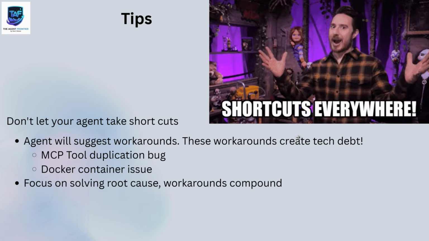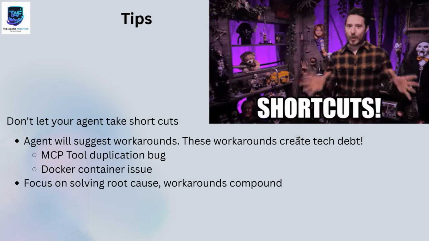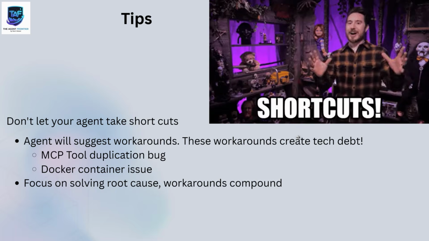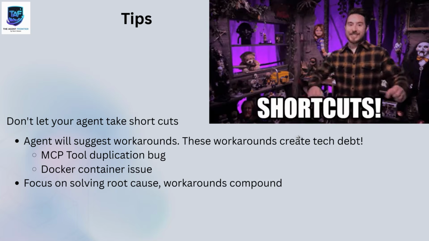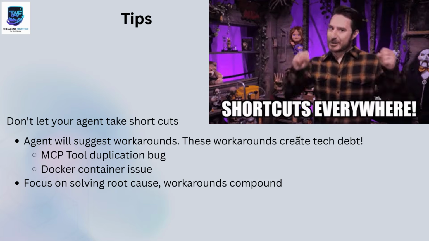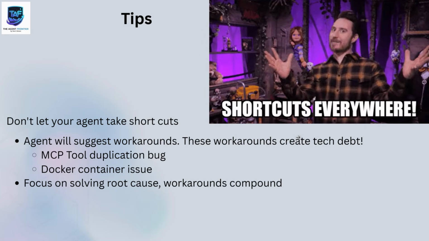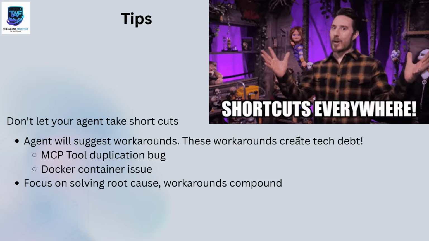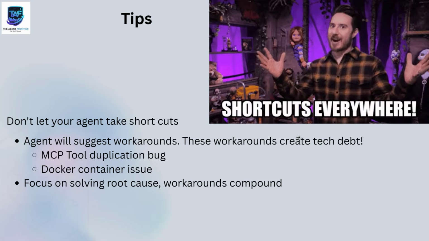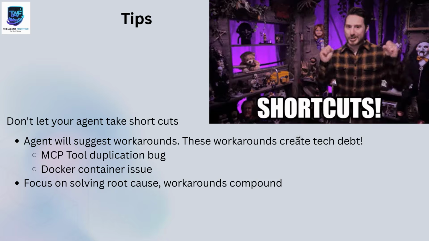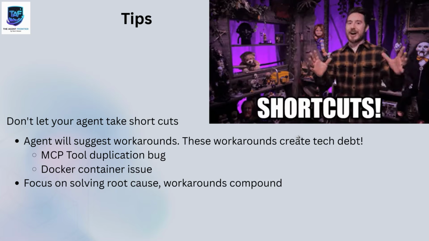Another example was that when I was setting this up earlier, I needed to set up my Docker Desktop, and that was not working properly, which was leading to some local issues. Sure enough, my agent wanted to work around it. It started to come up with other ideas of how we could not use Docker, and it was starting to add more and more technical debt.